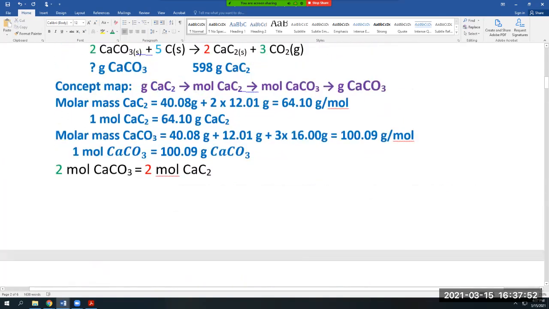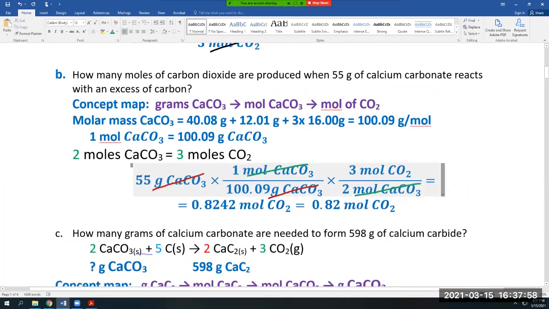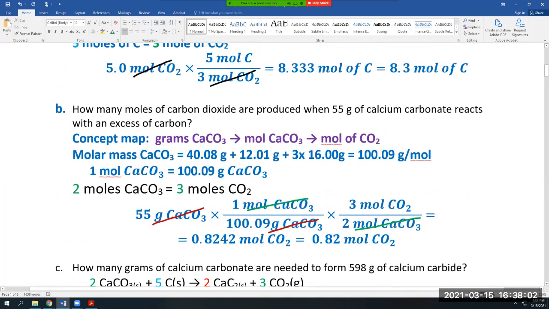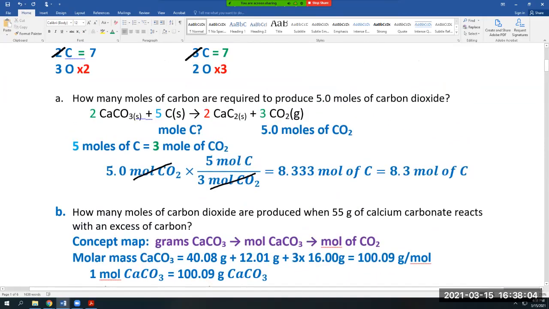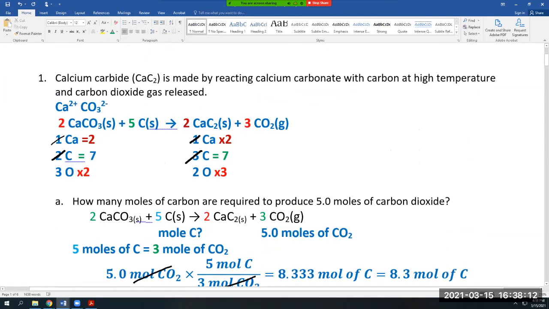So this first problem had all kinds of examples. Sometimes it's just grams to moles of another substance, like question B. And sometimes it's just moles of a substance to moles of another substance. So that answers all questions of problem number 1.